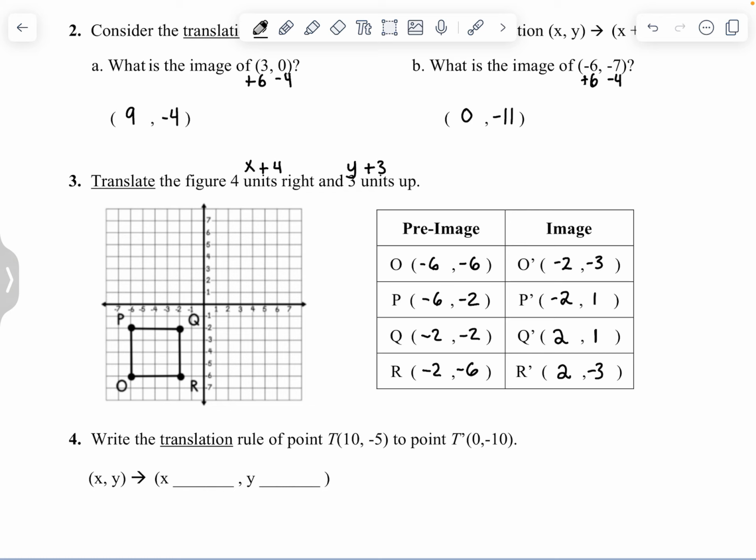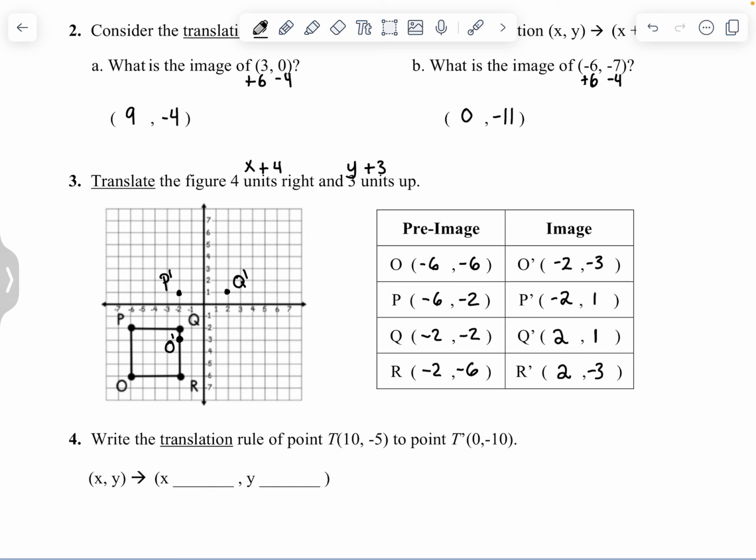So let's plot all of our points. O prime is at (-2, -3). P prime is at (-2, 1). Q prime is at (2, 1).